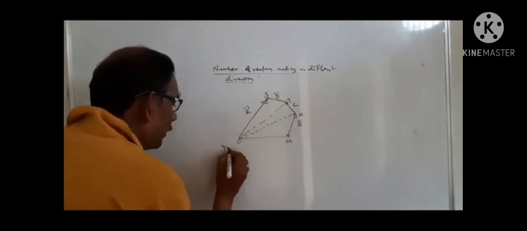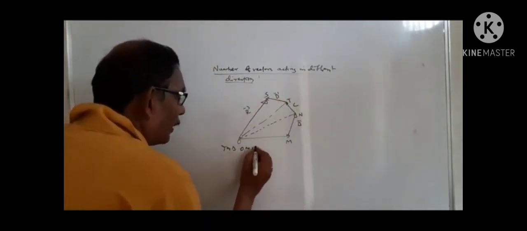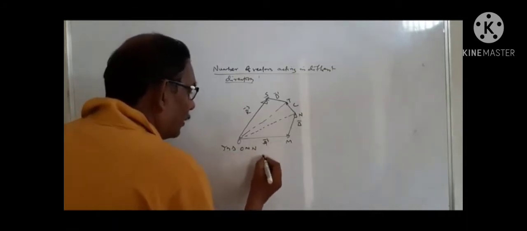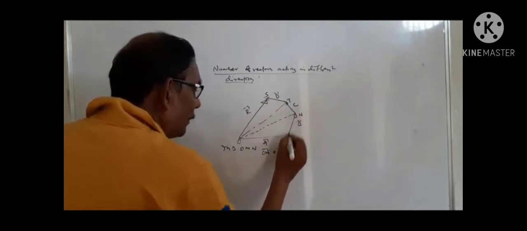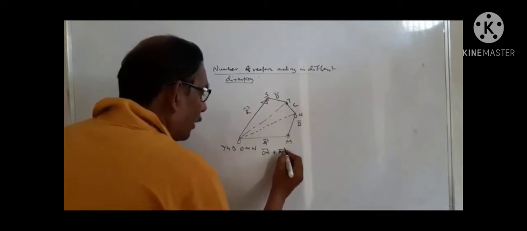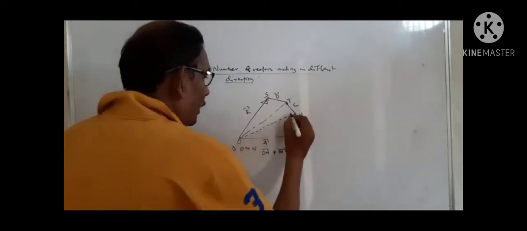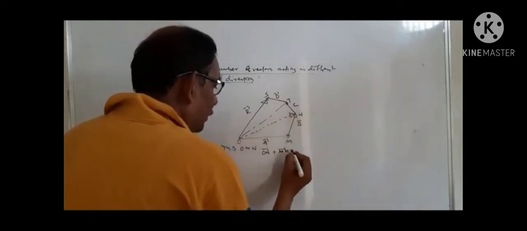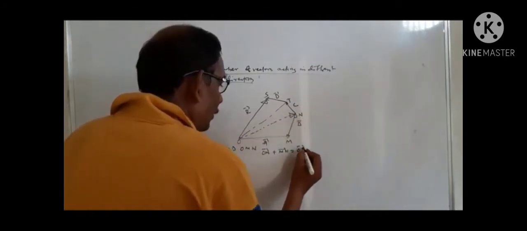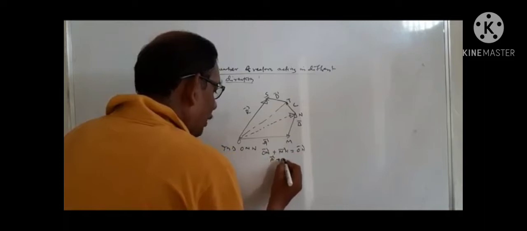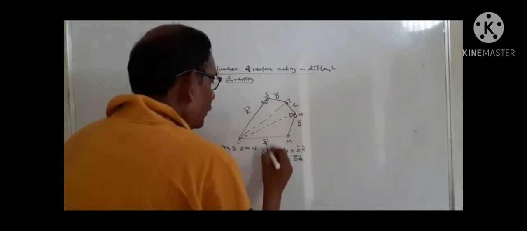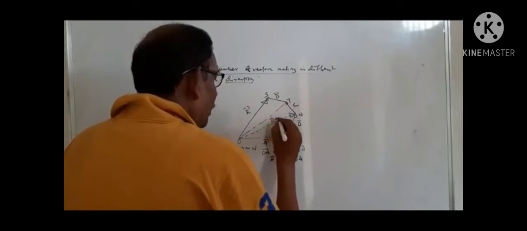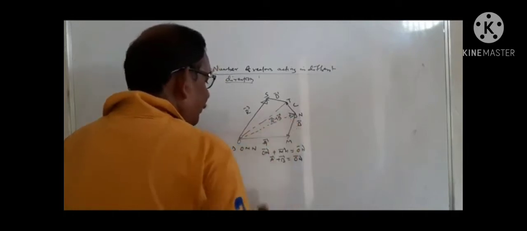In triangle OMN, this is your OM plus MN, and this one in opposite order is your ON. So A plus B is equal to ON.